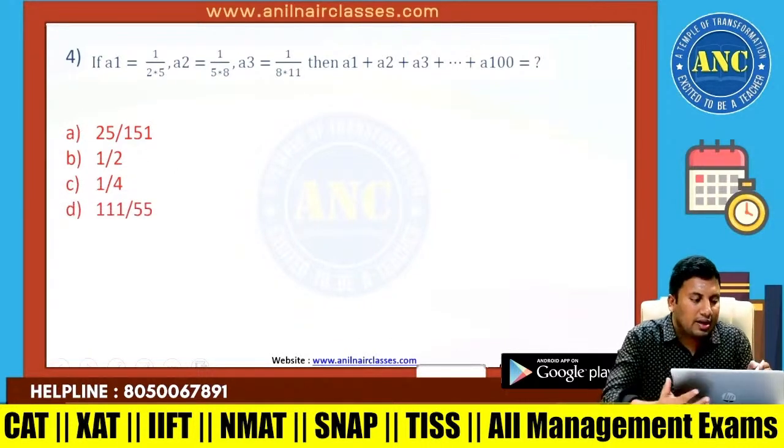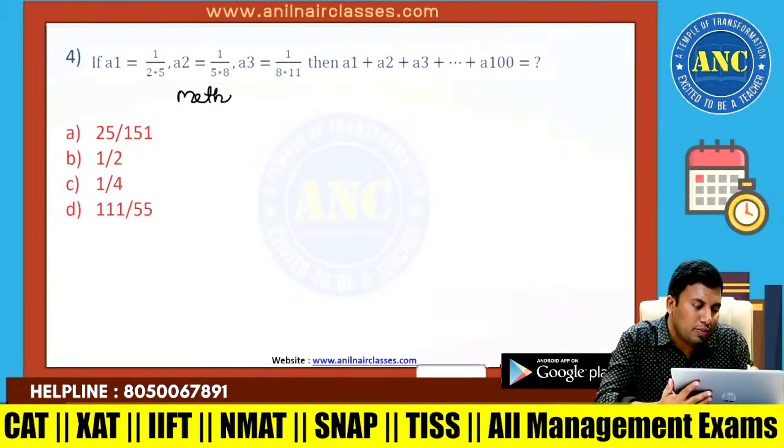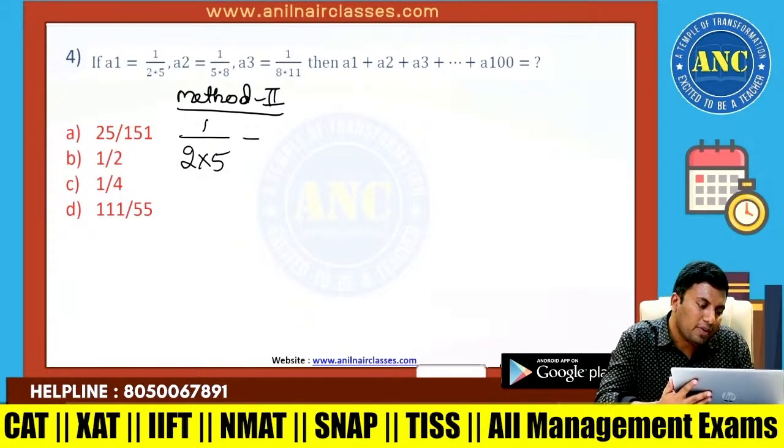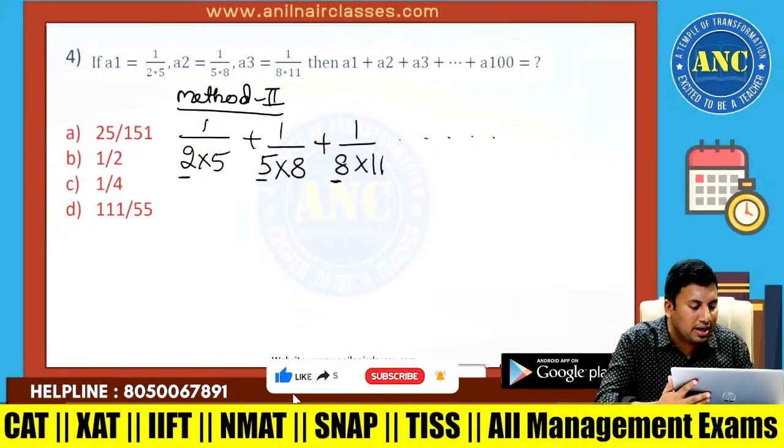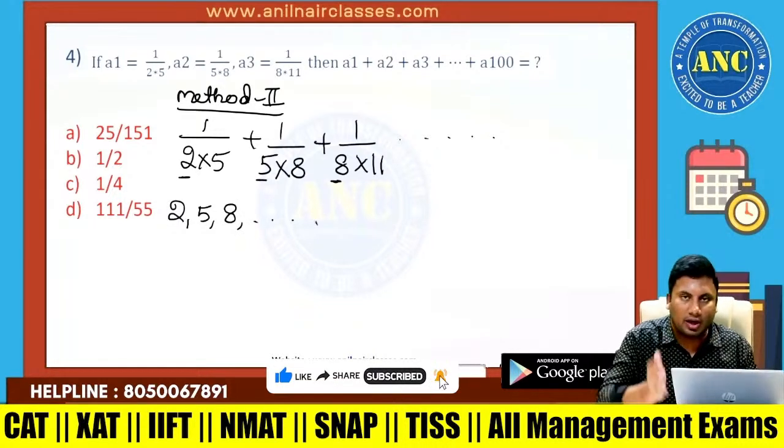Now see here, method 2. These all are easy if you know all these concepts. 1 by 2 into 5, next one is 1 by 5 into 8, third one is 1 by 8 into 11, and so on. The first numerical value in the denominator series is 2, 5, 8 and so on.